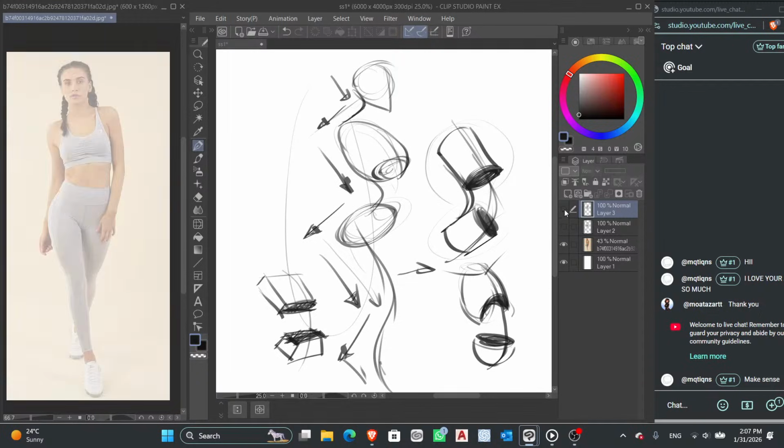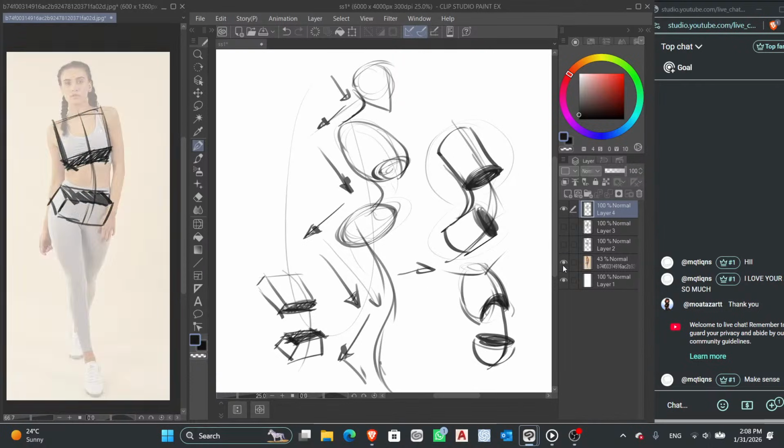Again, what about a box? If I'm going to draw a box, it's going to look like this. I'm seeing the lower, and since she is kind of tilted, it's going to be like this.